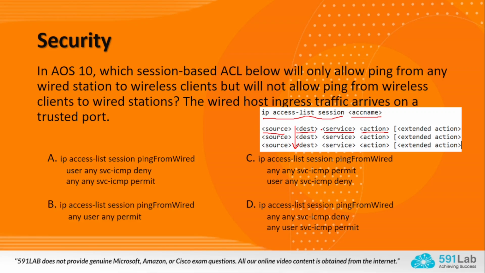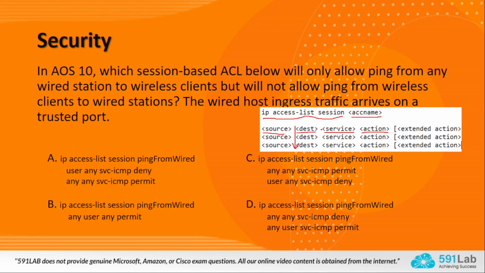Let's go through the others. Option B: this ACL allows any traffic from any source to wireless users and blocks all traffic from wireless users. The question says allow only ping from wired hosts to the wireless users, but not all traffic. So this is not correct. Option C: the first rule allows ICMP traffic from any source to any destination.